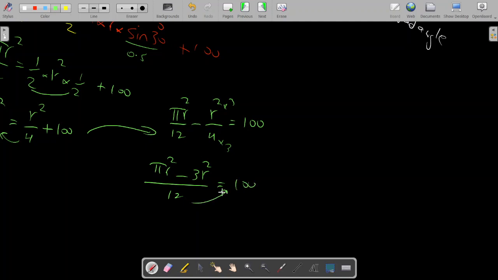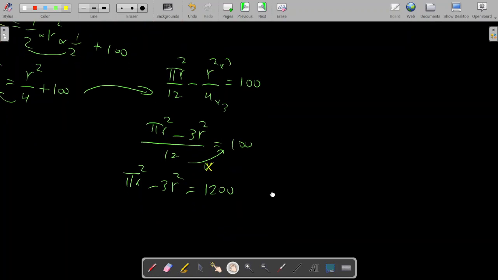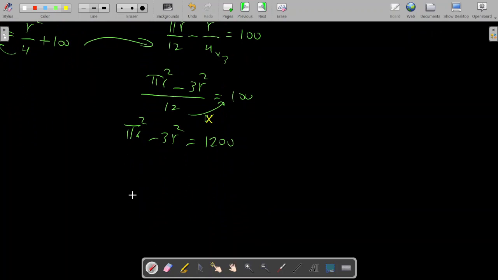And now I'm going to multiply these two, because this is how I teach you to do it. So pi r squared minus 3r squared equal to 1200, because we multiplied the 12 with the 100. Now, since I know that pi represents 3.14, minus 3, I know that it is going to be equal to 0.14.